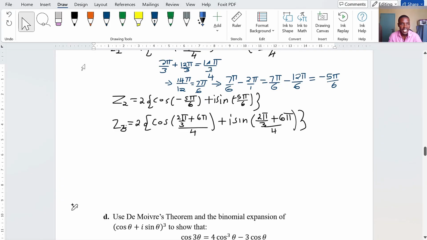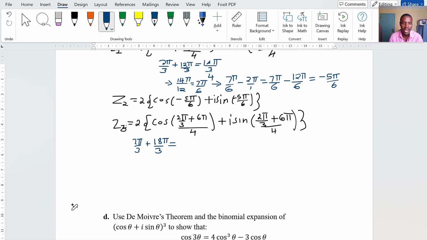So we need to simplify this again and check if it is out of bound. If so, we need to subtract 2 pi. Now let's do that. So we have 2 pi over 3 plus 3 goes into what 6 times? 18. So 18 pi over 3.